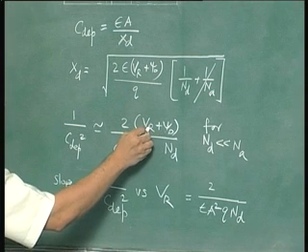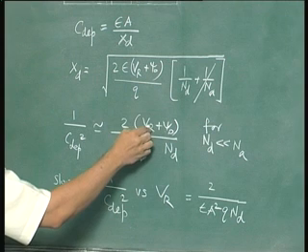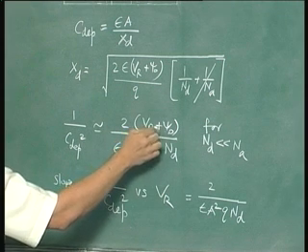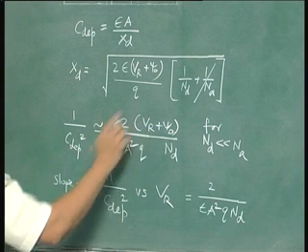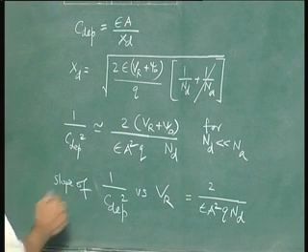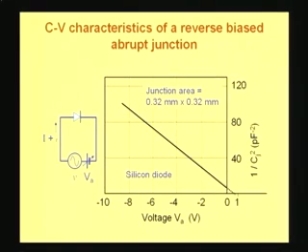If you write Vr plus psi naught as psi naught minus V, then V is equal to psi naught when the 1 by C depletion square is 0. So the intercept on this slide shows psi naught, this distance. So you can extract an approximate value of psi naught also.